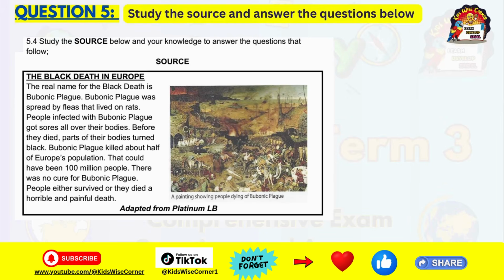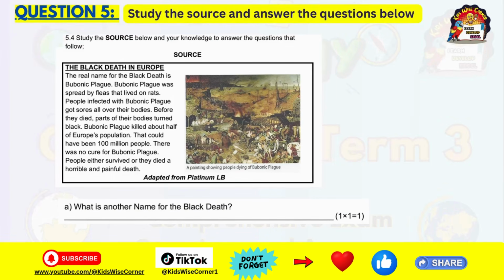Bubonic plague killed about half of Europe's population. That could have been 100 million people. There was no cure for bubonic plague. People either survived or they died a horrible and painful death. Here is an image of a painting showing people dying of bubonic plague. This article or source was adapted from the Platinum Learner book.